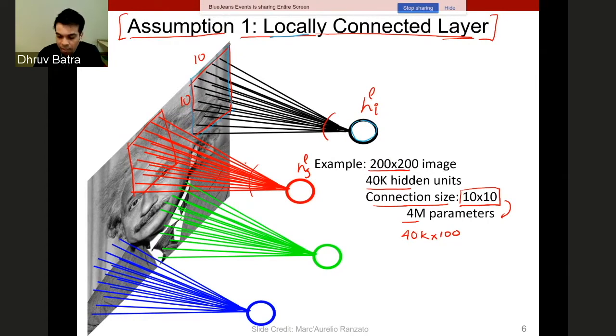So if it's not a fully connected layer, it's a locally connected layer. That reduces the number of parameters pretty quickly because this is not a full bipartite graph, this is a locally connected graph. So I is not connected to everything else. There's only 100 connections, and so that reduces parameters to 4 million from 1.6 billion.